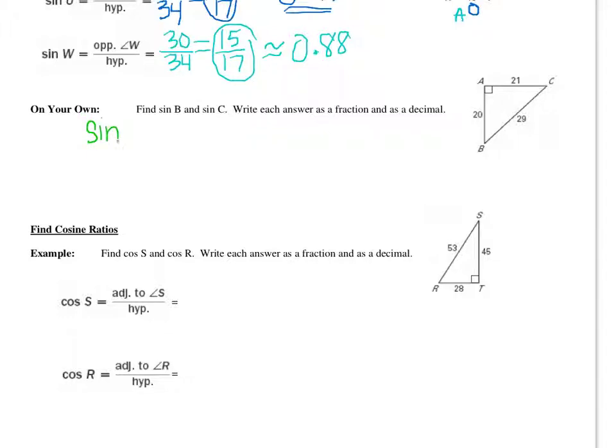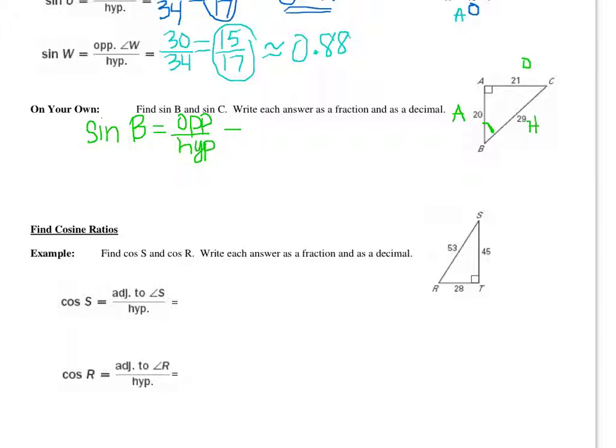So the sine of an angle, and we're using B here, equals, so sine is opposite over hypotenuse. So I'm going to identify angle B on my picture. It's right here, and I'm going to label my three sides according to that. My hypotenuse is right here. That's the 29. It's across from my right angle. Right next to angle B is my adjacent side, and across from angle B is my opposite side.